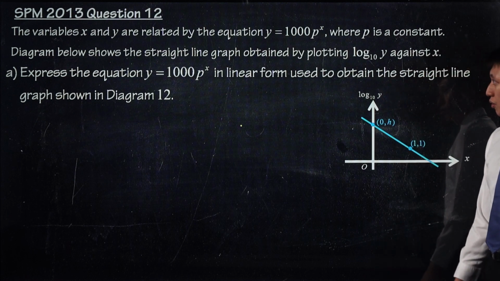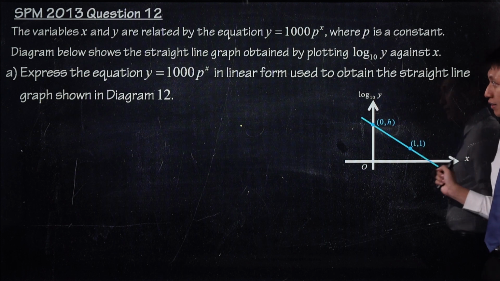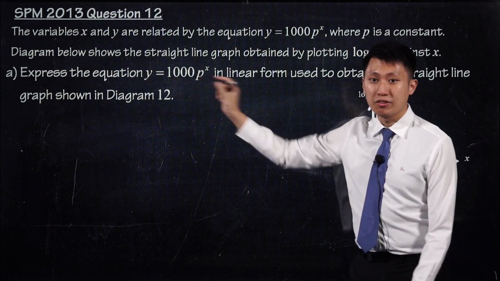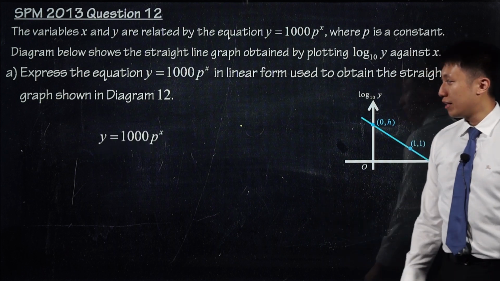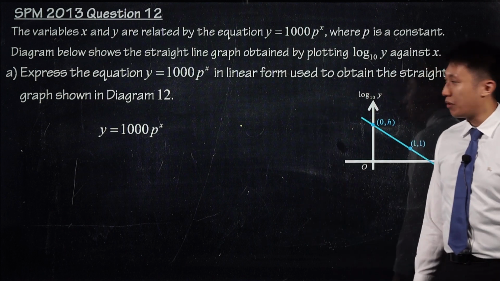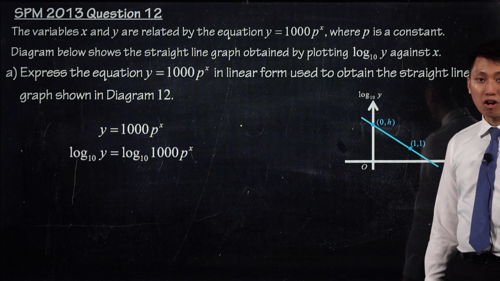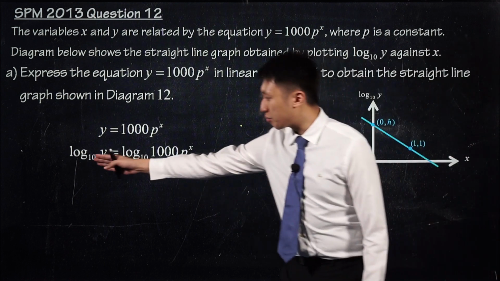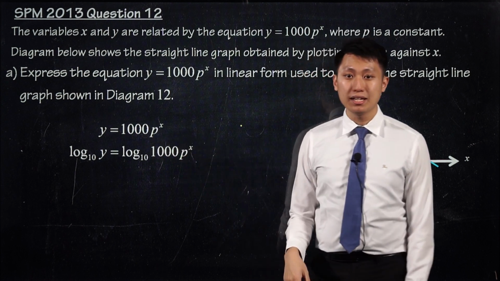Okay, so we have this over here, and then you see log and you see x. When you see log and you see power, you know you are going to use Form 4, Chapter 5. Then y is equal to 1000 p^x. That's given. What we are going to do to make it look like this is take log both sides. If we take log both sides, then you are taking log of 1000 times p to the power of x.